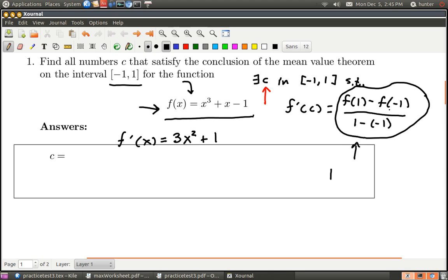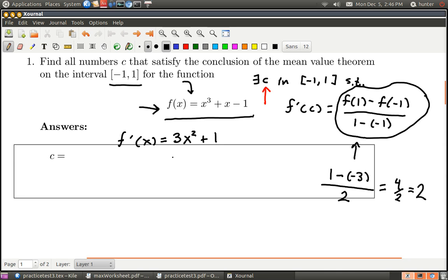And when I plug in -1, I get -1, -1, -1, which is minus 3. So I have minus -3. And on the bottom here, the difference between 1 and -1 is just 2. You might recognize this number better as 4 divided by 2, aka 2.